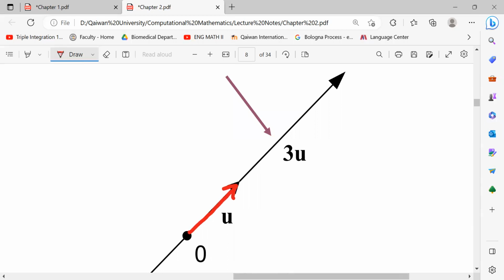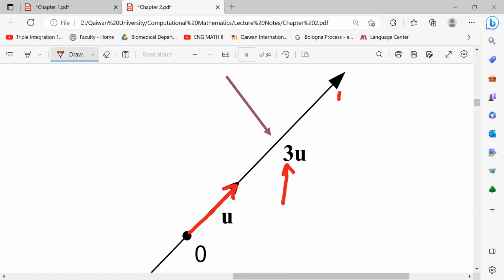So 3 times U is in the same direction, but the length becomes 3 times that of U. So 3U is this. This is the case if the scalar is positive. Only the length is going to be more or less.